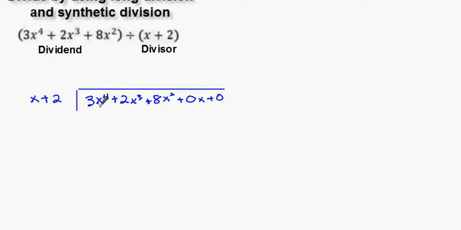And so to divide, what we're going to do is divide each of these terms by x. So let's do that. We're going to go 3x to the fourth divided by x. If I were to go over here, 3x to the fourth divided by x will give me 3x cubed. Notice that if I do this division, 4 minus 1 is 3x cubed.